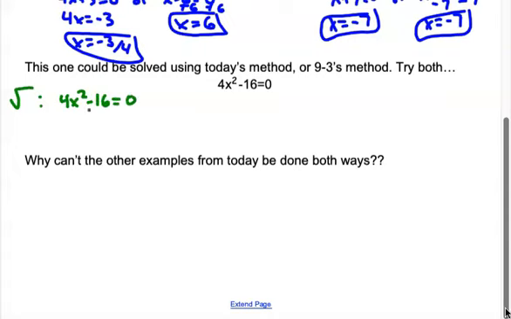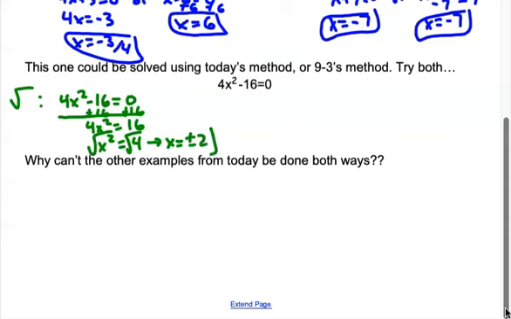What we would do is add 16 to both sides, so we would have 4x squared equals 16. We would divide both sides by 4. X squared equals 4. We would take the square root. When we do that, remember that we have to include plus or minus. And yesterday we would have said the answer to that is plus or minus 2.